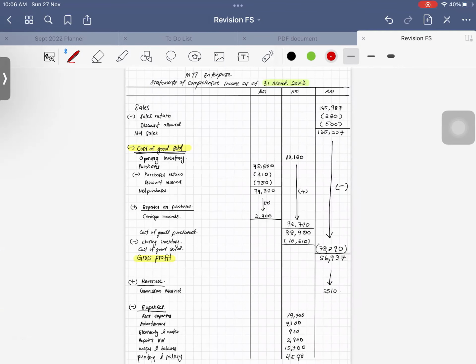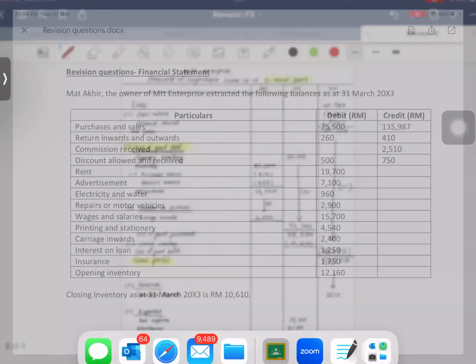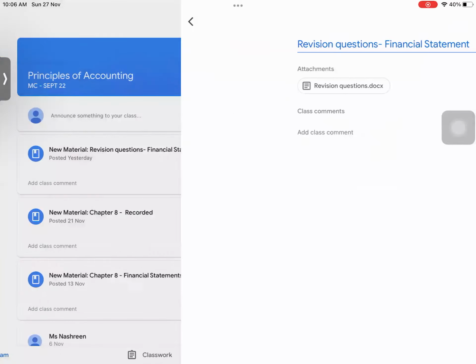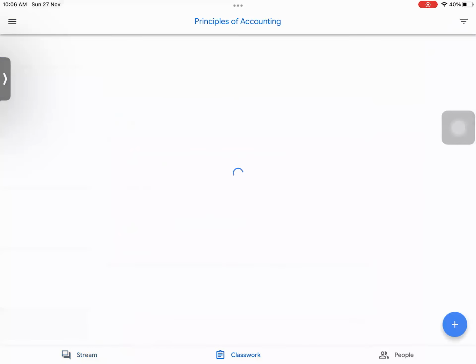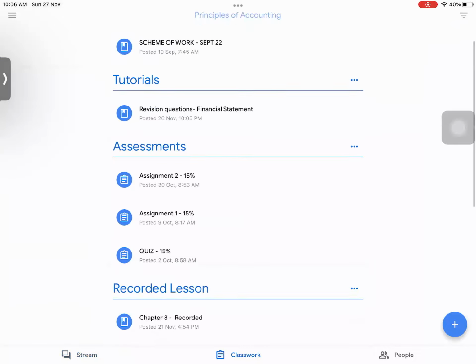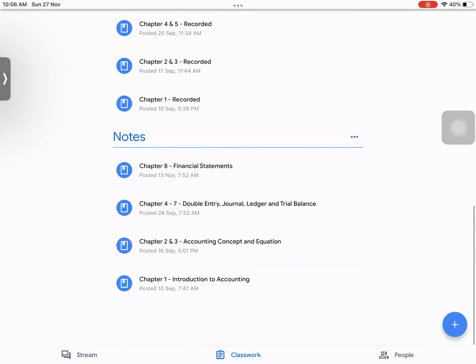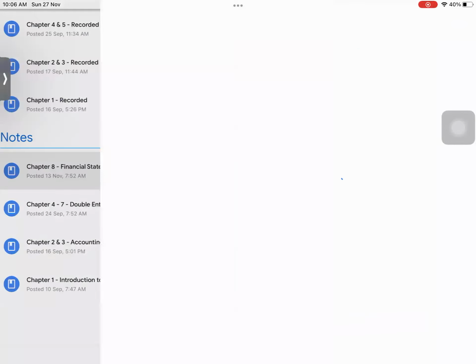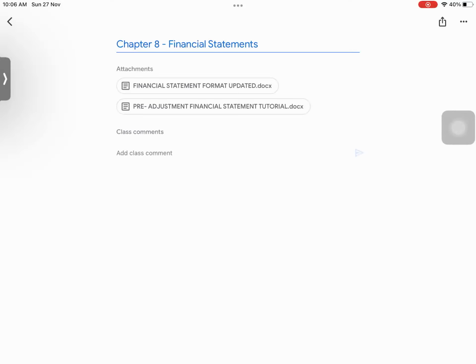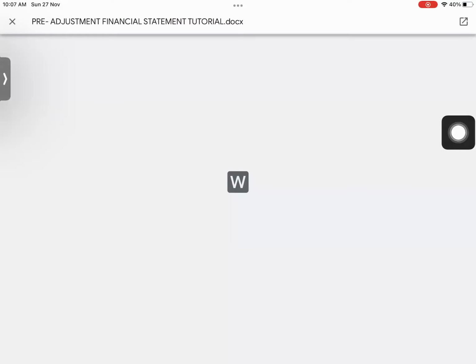Ni adalah tutorial question in our Google Classroom. I think I letak dekat sini. So, I tanya dulu, kita dah buat ke belum soalan ni? Pre-adjustment financial statement tutorial ni.